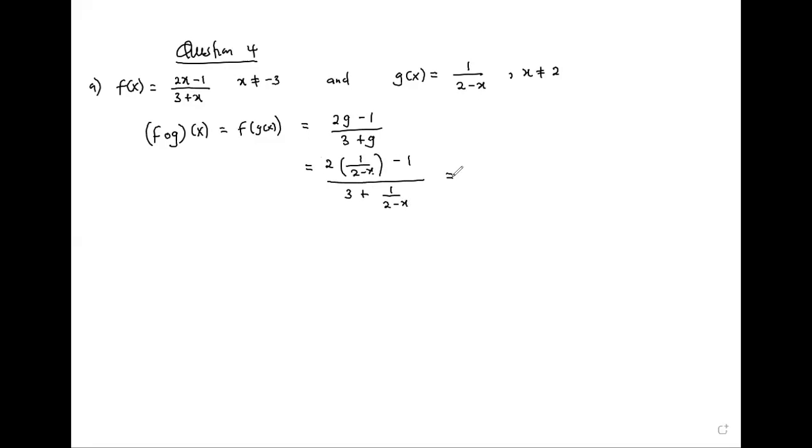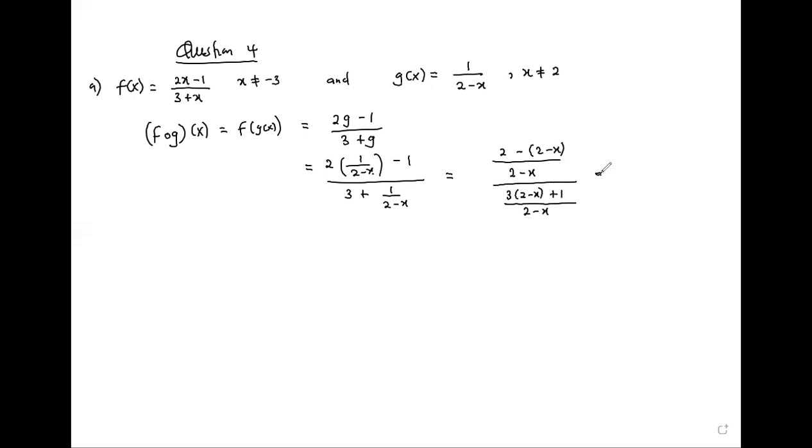On top, the common denominator is going to be 2 minus x. For the first one, we get 2 minus 1 multiplied by 2 minus x. For the denominator, the common denominator will be 2 minus x, and then we get 3 times 2 minus x, plus 1.